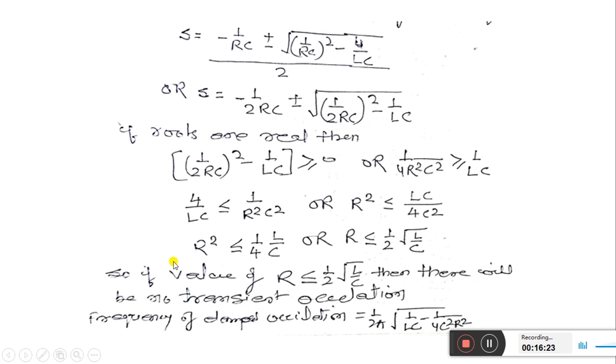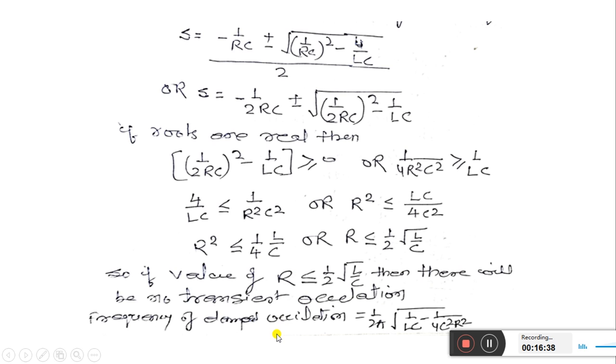That's why it is written here that if we select the value of R less than or equal to half root L by C, then there will not be transient oscillation and the rate of rise of restriking voltage will also be reduced.